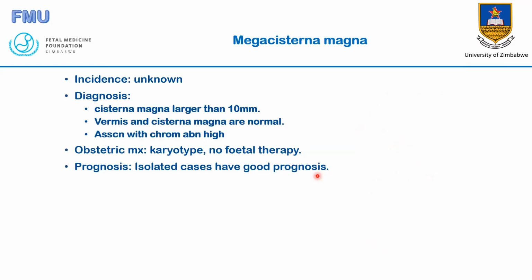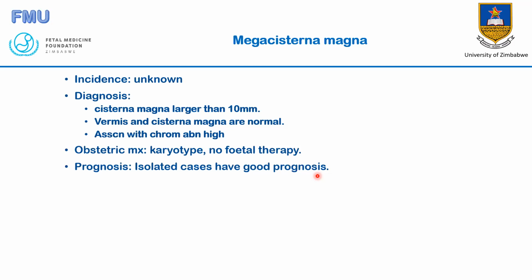Then another abnormality that we may see is the megacisterna magna. So in other words, the cisterna magna is enlarged in this case. The incidence is unknown in the general population.